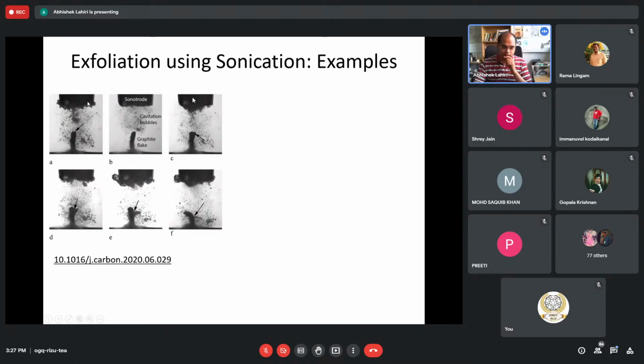When different frequencies are applied at the sonoelectrode, these electrodes produce a lot of bubbles, and you can see that once the bubble starts to collapse on the graphite flake, this graphite flake starts to expand, and as it expands, it then exfoliates, it splits, and you have the shear force which forms over here, and it splits and exfoliates a lot of graphene. So this is an example of sonication to produce graphene from a graphite flake.